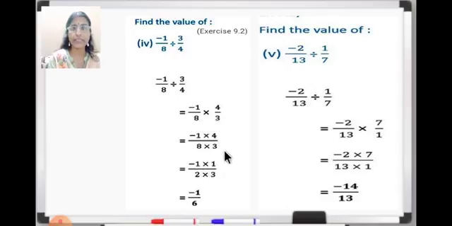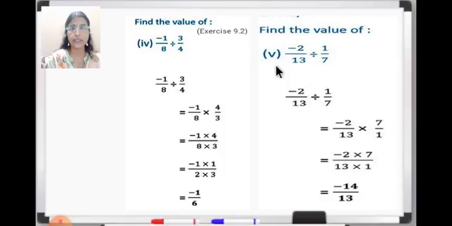And then you will see whether you can reduce any of the numbers. See, these two numbers can be reduced. 4 ones are 4, 4 twos are 8. So 1 is written here, and here 2 is written. And here minus 1 as it is, minus 1 into 1 upon 2 into 3. And then when you solve it, minus 1 into 1 is minus 1, 2 threes are 6. So you will get minus 1 upon 6.